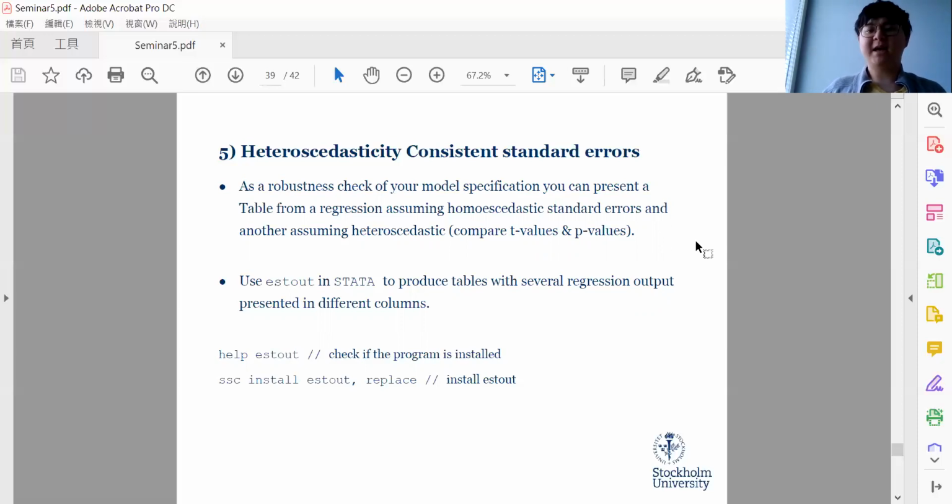If you see that the t values and p values are roughly the same, it means that the error terms from your calculation are actually homoscedastic.